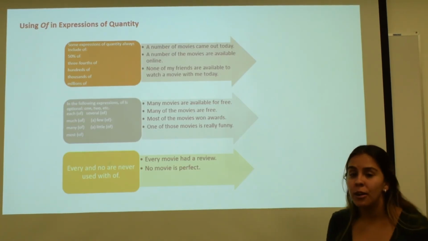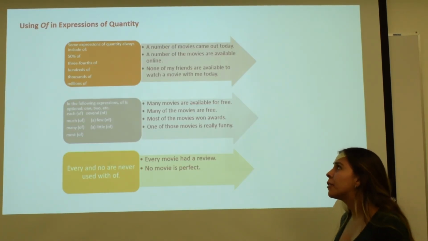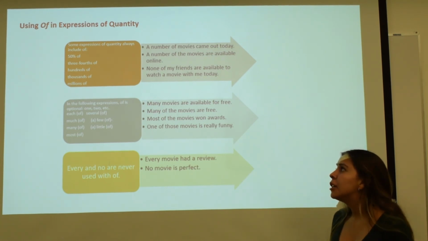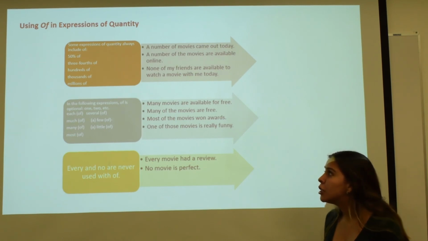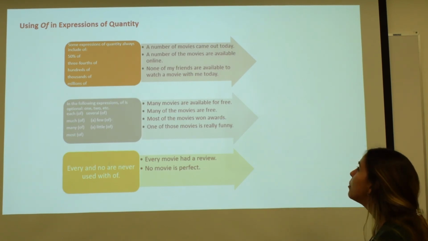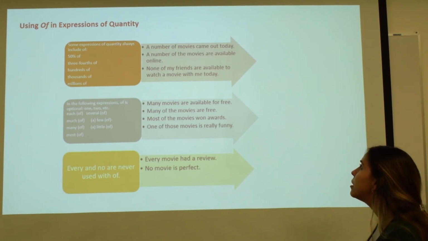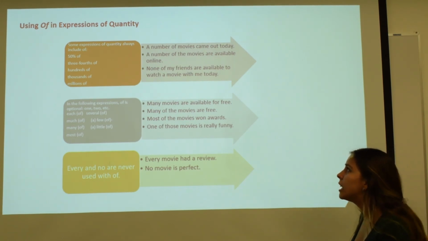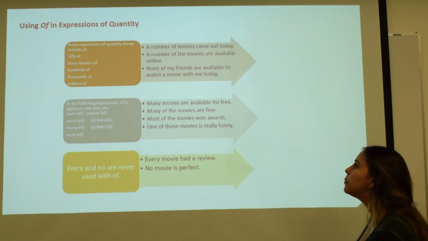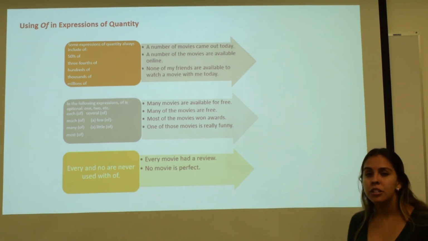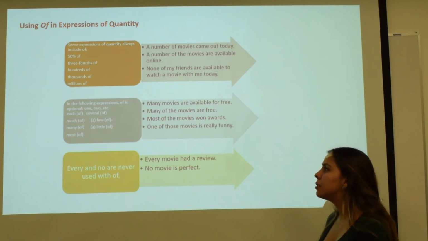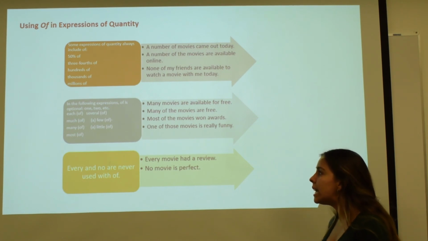Some expressions of quantity always include of. For example, 50% of, 3/4 of, hundreds of. A number of movies came out today. A number of movies are available online. None of my friends are available to watch a movie with me today. In the following expressions, of is optional: one, two, etc., each of, much of, many of.